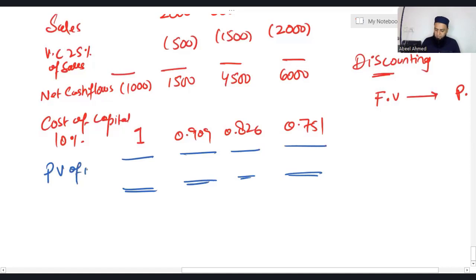So, present value of net cash flows: simply, this is 1,000 negative.